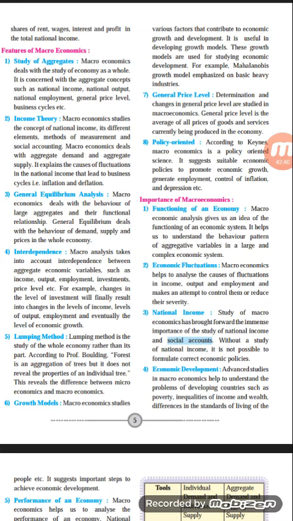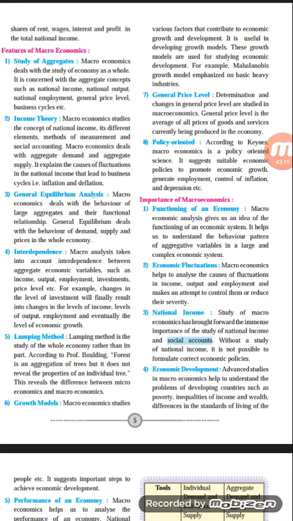The fourth one is interdependence. Macroeconomic analysis takes into account interdependence between the aggregate of economic variables such as income, output, employment, investment, price level, etc. There are many factors which are dependent upon each other. If any one particular factor has any kind of a negative impact, it will obviously create a problem for the other factors contributing in an economic unit.